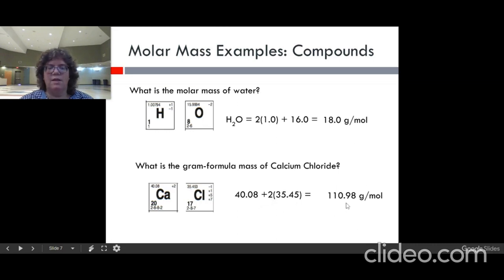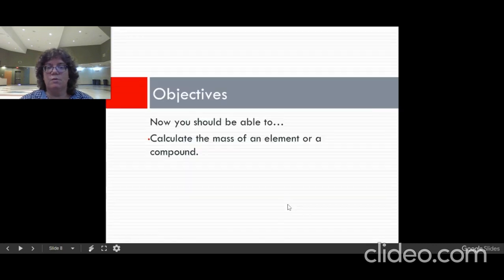When we add that all together, we get 110.98 grams per mole. Don't be too concerned right now that you didn't know that there were 2 chlorines in that. I will always make that clear to you. So that's how you calculate the molar mass of either an element or a compound, just straight from the periodic table, and do some addition if it is a compound.